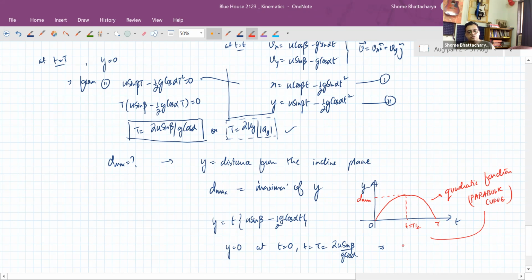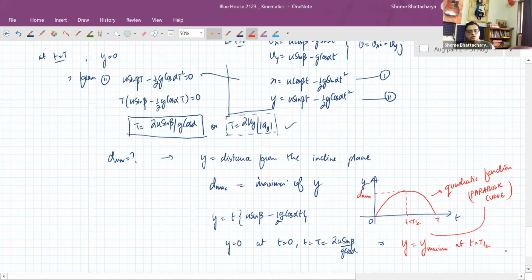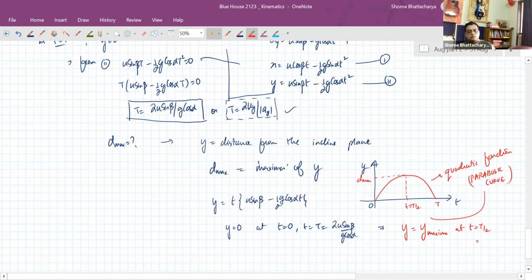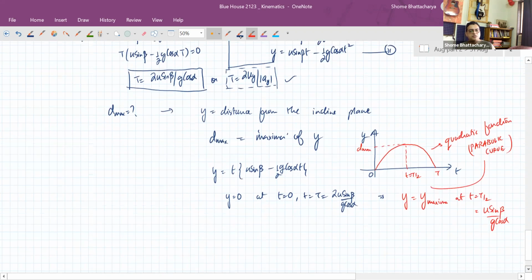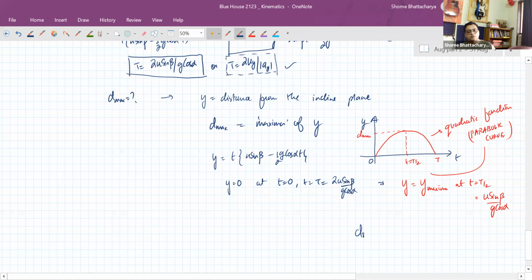So you can see that y reaches its maxima at t equal to capital T by 2, which is u sine beta divided by g cos alpha. Therefore, this maximum distance from the inclined plane is the y coordinate at time T by 2.